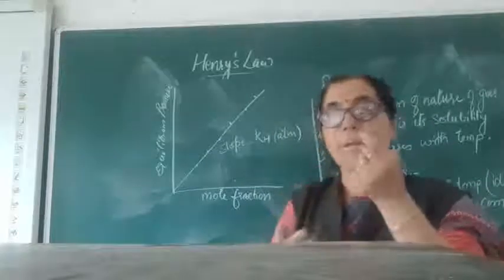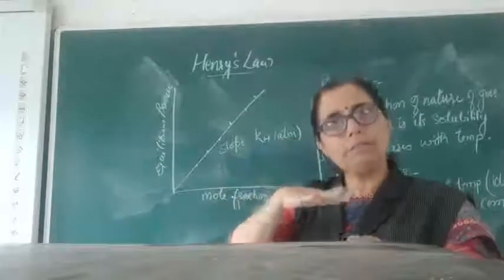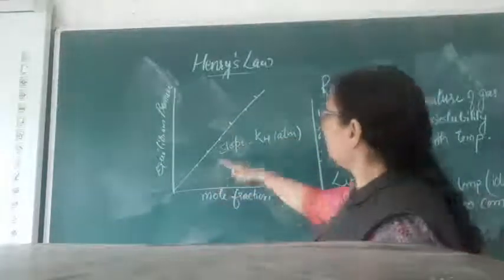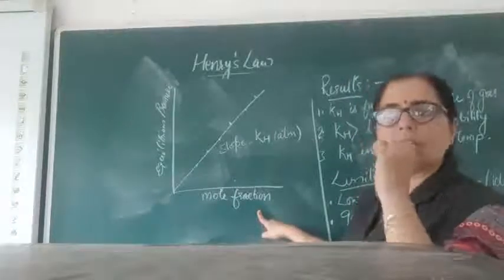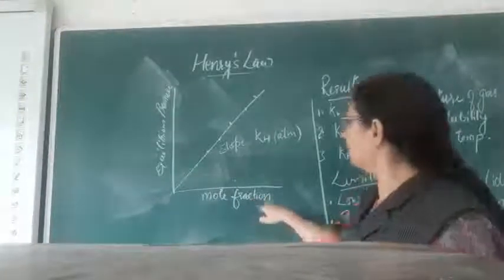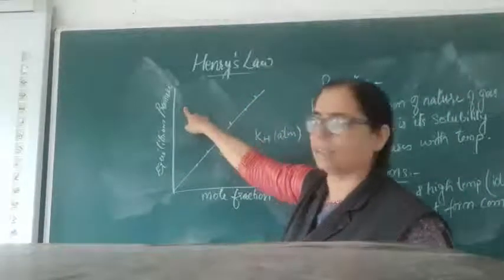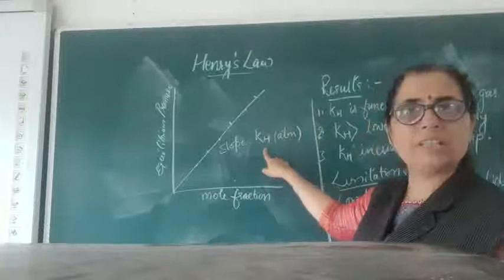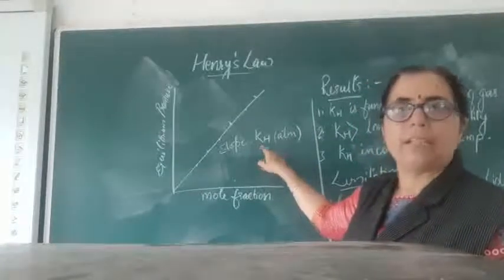We will see that as the mole fraction of the gas, the solute, increases, its equilibrium pressure also increases, and you will get a slope which is equal to the Henry's constant. That is clear.